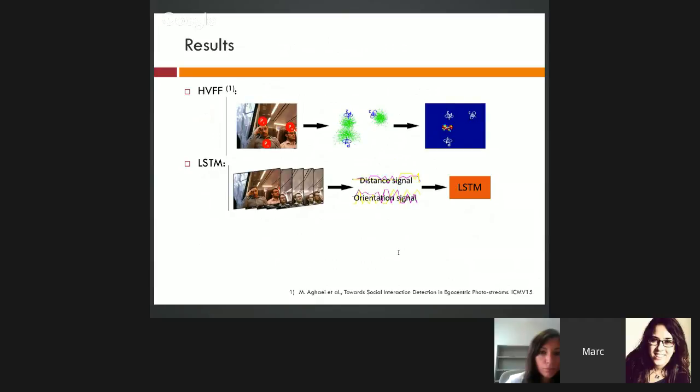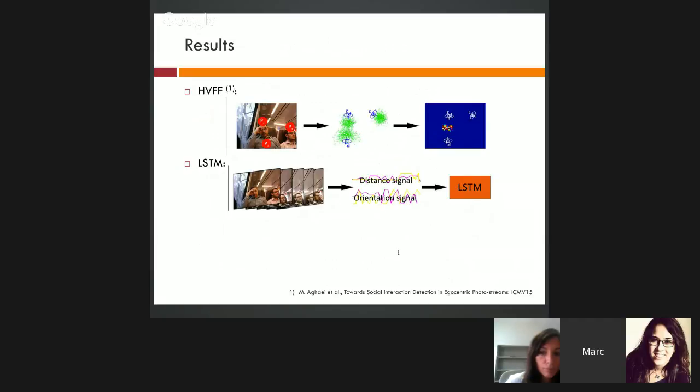We compared our results with a few techniques which are focused on social interaction analysis on images and videos, and for the problem of social interaction analysis on photo streams, there's almost no work.